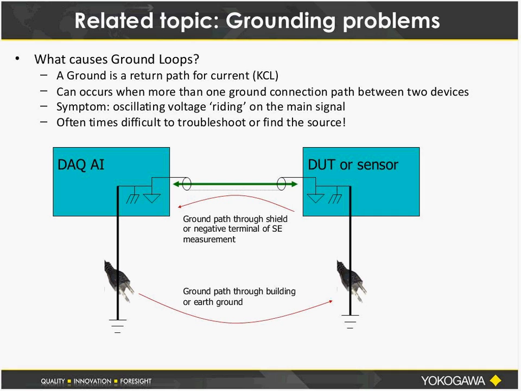And that current loop, as it drops through resistance, creates voltage variations, which could be DC, but oftentimes will be an oscillating voltage. So ground loops, if you've ever dealt with them, are very troublesome to isolate and to deal with. And again, they don't manifest themselves the same way. But the reason they exist is oftentimes because there is a difference between the ground of the instrument and the ground of the sensor or the device you're testing.